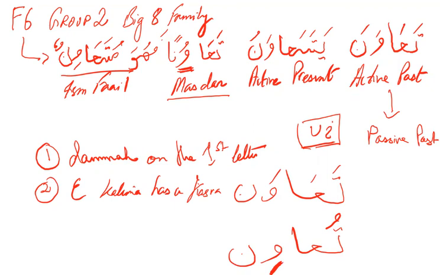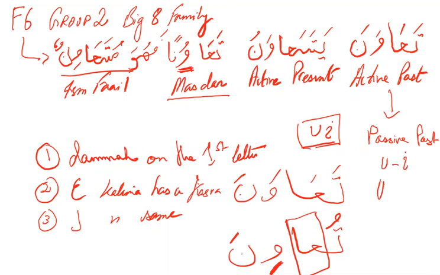And then number 3, the lam kalma will remain the same, right? So it was ta'awana, and it will be the same na. Now we are left with the ain and the alif, right? So we did that for the small words you have the ui, but for the big words you get multiple u's and one e.